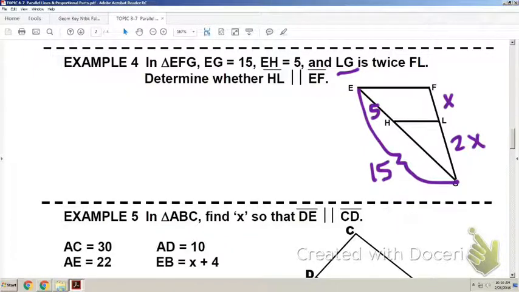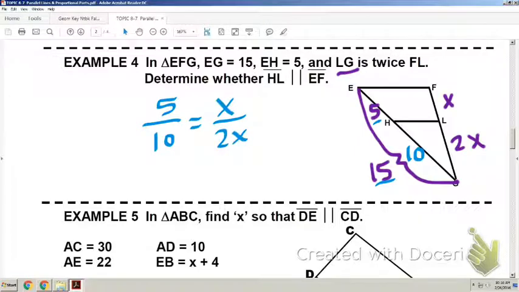Okay, I'm going to set up the proportion like I normally do. So I'm going to take 15 and subtract 5 to get HG, and that length would be 10. So now when I set up my proportion, I can say 5 over 10 equals X over 2X. If these are equal when we cross multiply, then we know that the lines are parallel for sure.